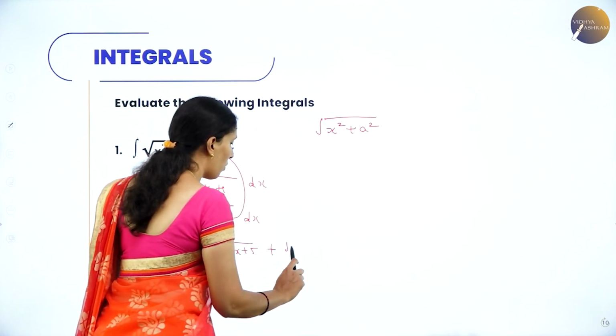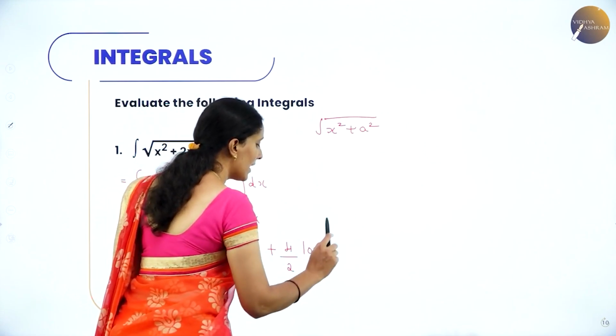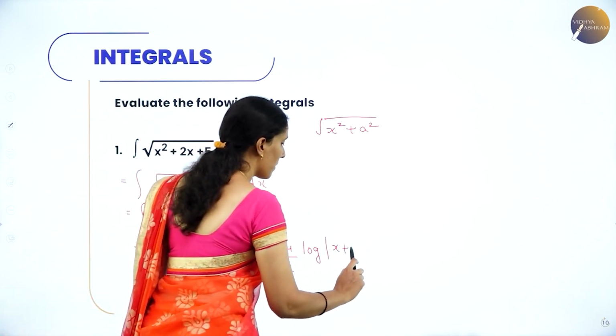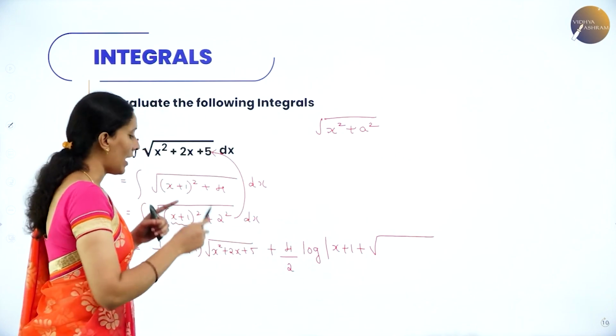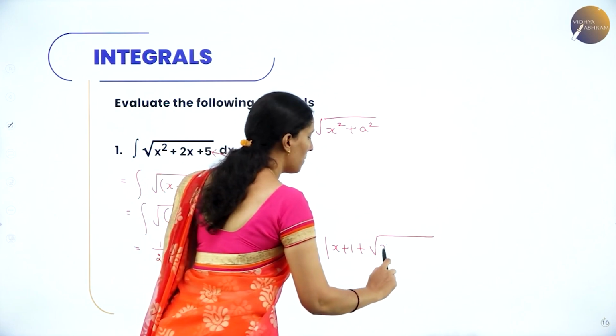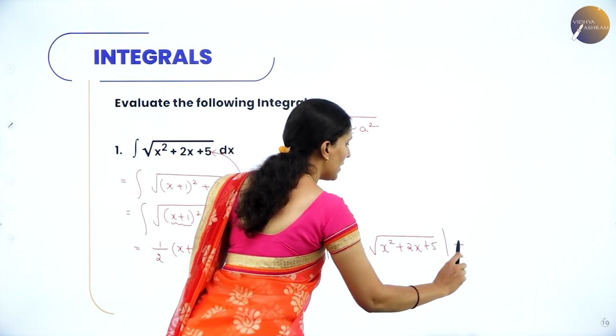So therefore 4 by 2 log of modulus x, where x is nothing but x plus 1 plus square root of x square plus a square. Again x square plus a square is nothing but x square plus 2x plus 5, plus c.